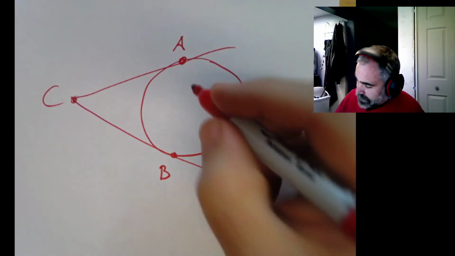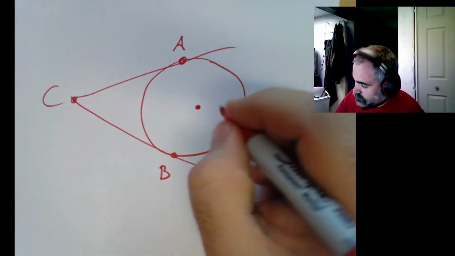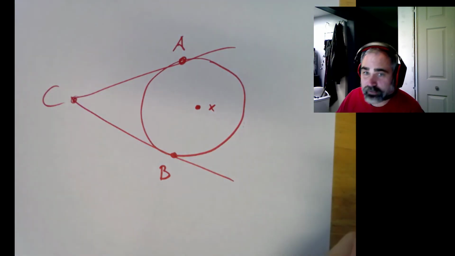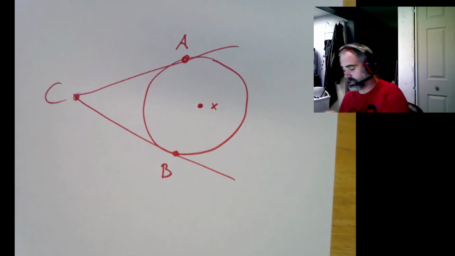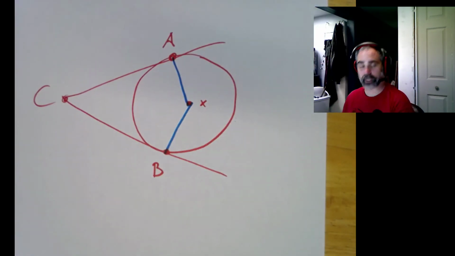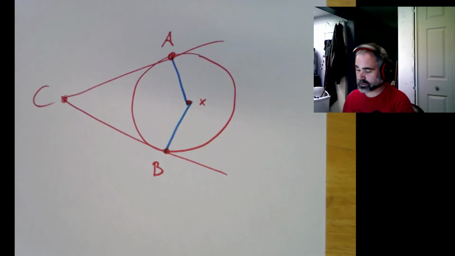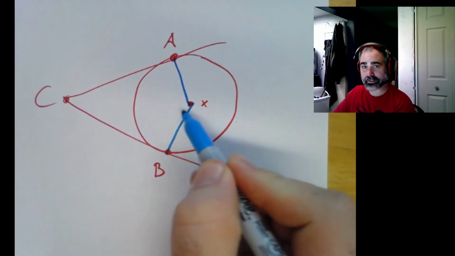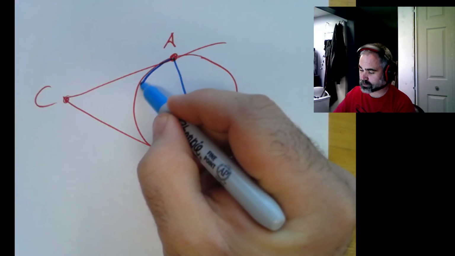And if I have a center of this circle, call it X, and I make a central angle right here, notice that the angle out here and the central angle seem to be the same arcs. I've got this arc here that's a part of angle C as well.